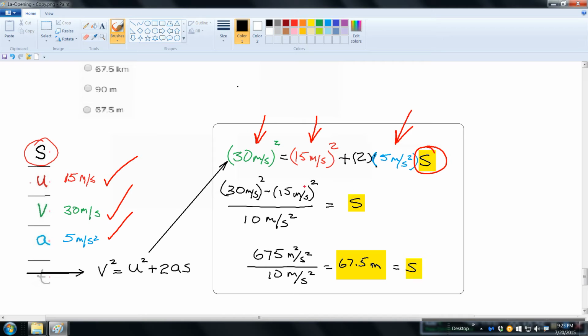I'm not going to go through all the math here, but when you do that, you get 67.5 meters. And that's it. Didn't need to draw the picture. Just do the 4 steps. You're done. Okay. So now you've seen it. Some of it doesn't make sense, I'm sure, but it will make perfect sense by the end of the video.